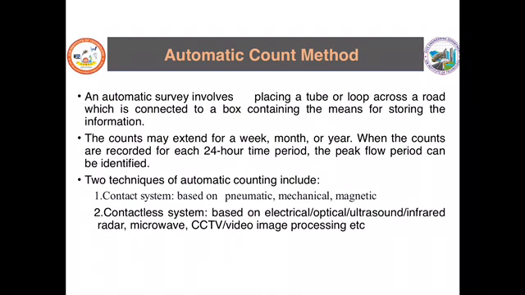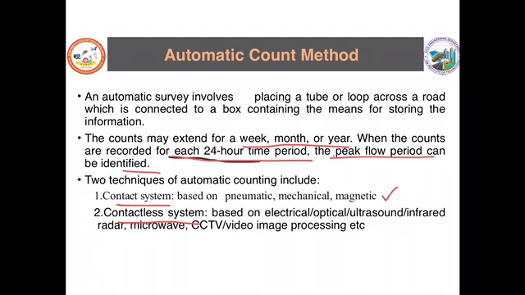One of the major advantages is you can get 24 hours details, the peak hour details, and collect data for the entire year. The methods are the contact system and the contactless system.